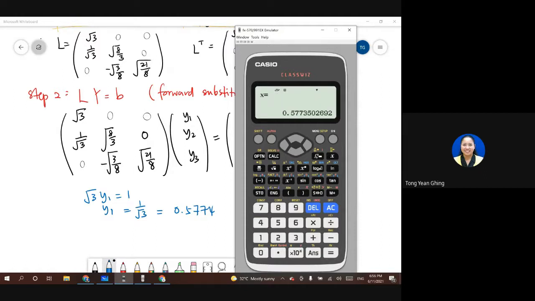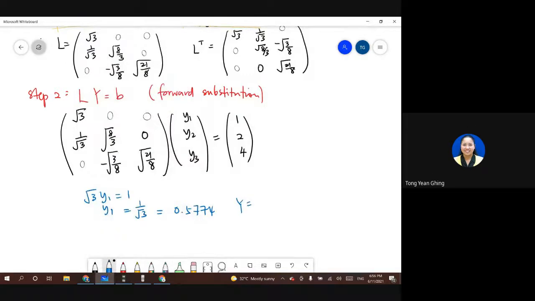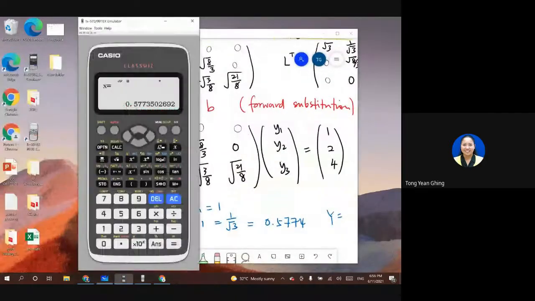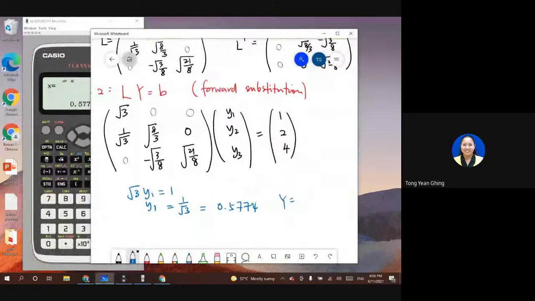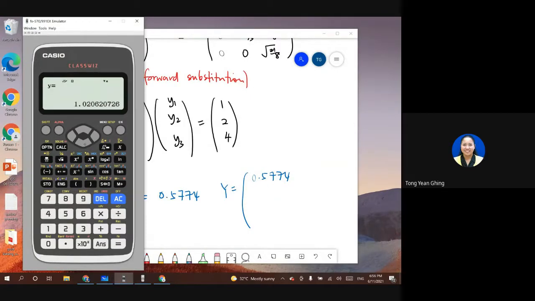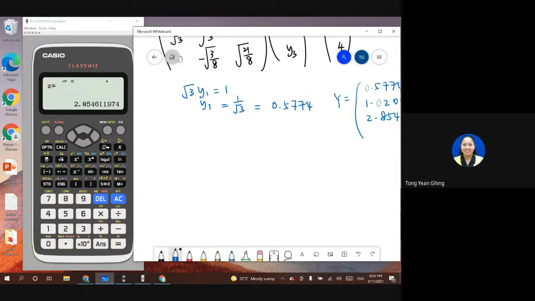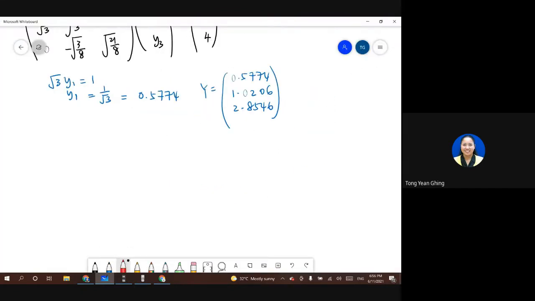So we get the y values: 0.5774, 1.0206, and then 2.8546.